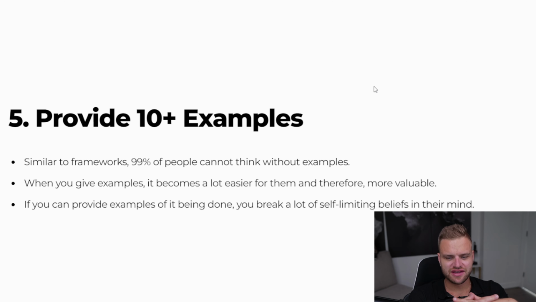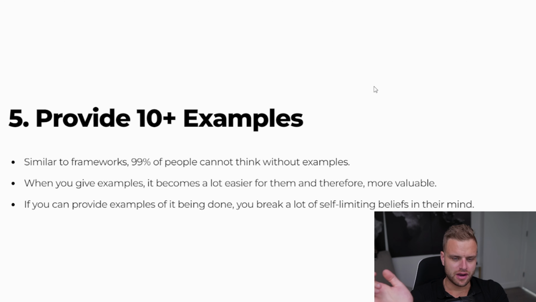And something that is very important about the examples is if you can provide examples of it being done and it being done well for a variety of different businesses and types, you break a lot of self-limiting beliefs and objections in their mind automatically as part of your lead magnet. You don't have to dig for them. You don't have to try to pry and figure out what they are on a call. It's kind of done preemptively, and that's very, very important.